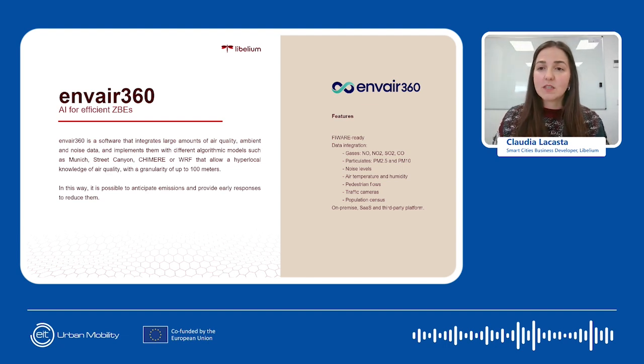So for example, it's not the same if a city has a lot of mountains surrounding it, or if we are close to the sea, so we have the impact as well from the sea and those air currents.